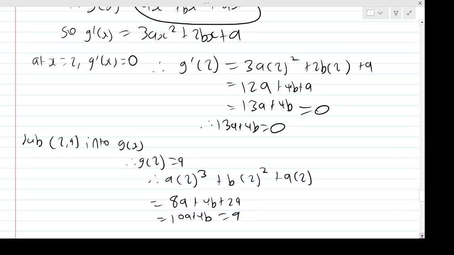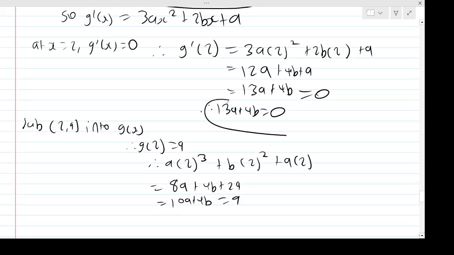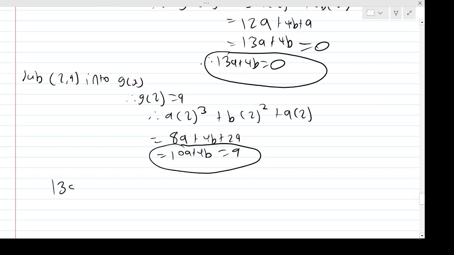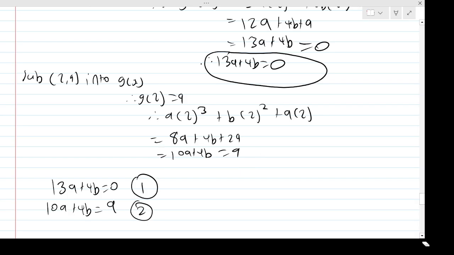Well, we've got simultaneous equations, right? We've got this equation and this equation. So if I jot that down, 13a plus 4b equals 0, that's going to be equation 1, then 10a add 4b equals 9. That's equation 2. These are simultaneous equations. Now I can solve for a and b.